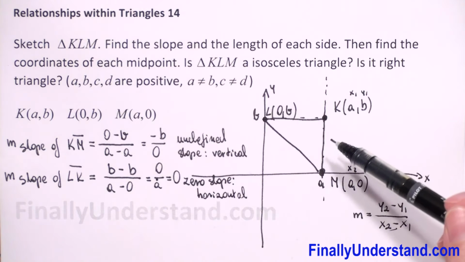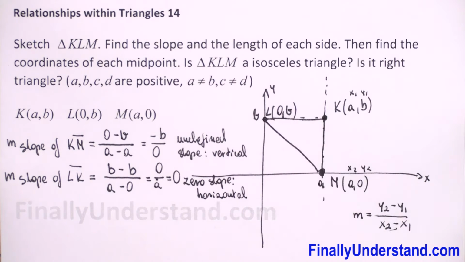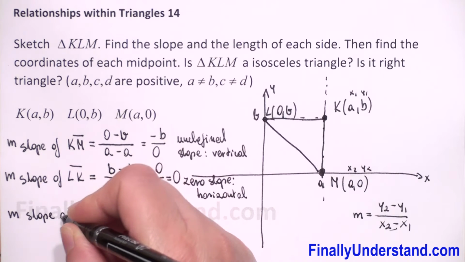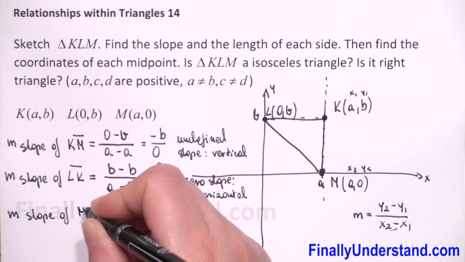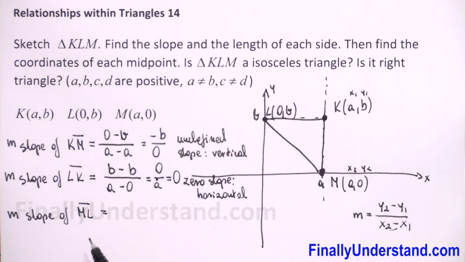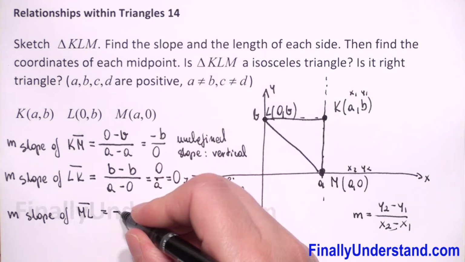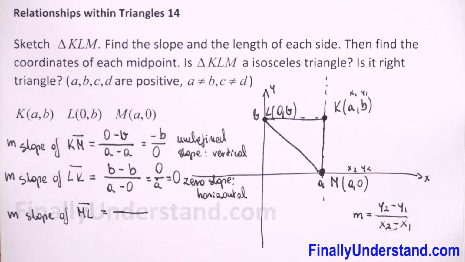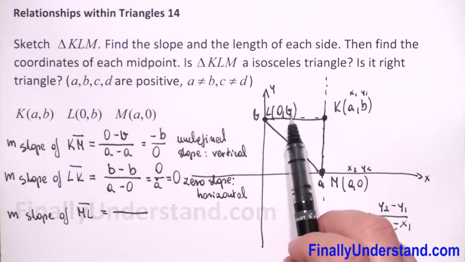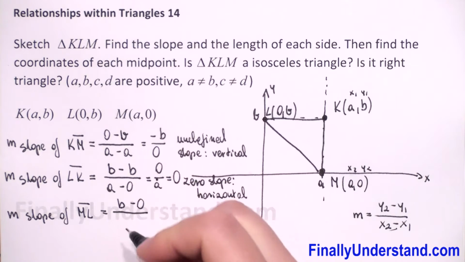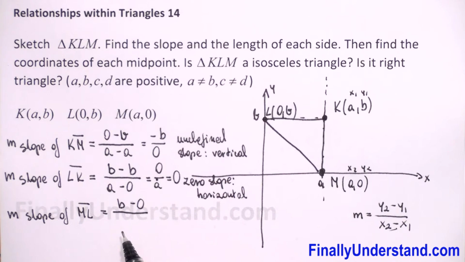Next we will find the slope of the ML segment. L is last, so in the numerator we have to subtract y coordinates, so it will be B minus 0, and in the denominator we have to subtract x coordinates.